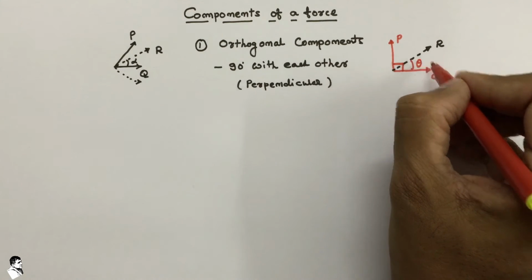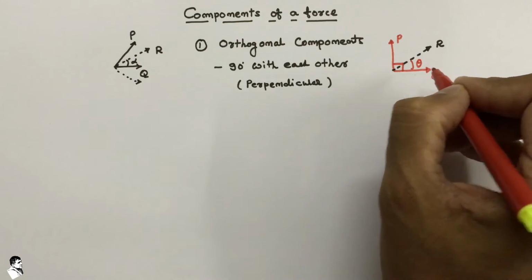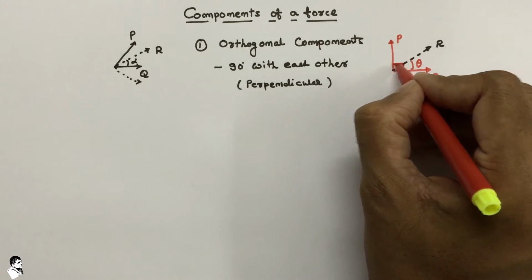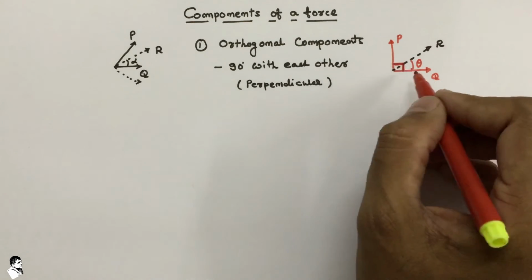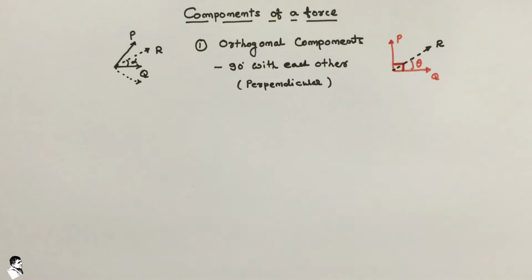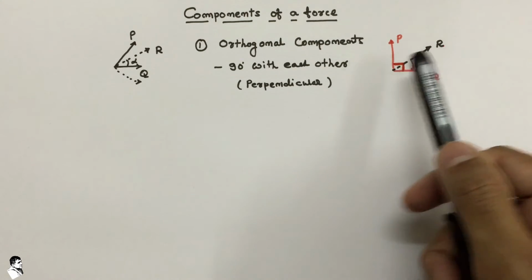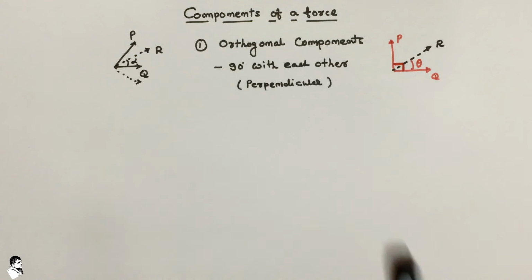This is a theta with that force Q, that is also a 45-degree, and this is exactly a 90-degree. So both forces are perpendicular to each other, or we can say at a 90-degree angle with each other. So this type of component of a force is generally known as orthogonal components.